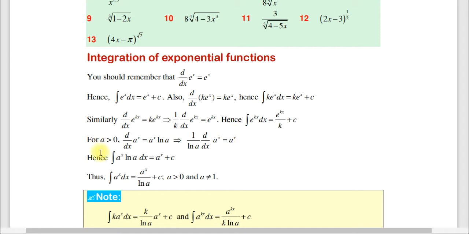Hence the integral of a to the power of x ln a dx is a to the power of x plus c. So the integral of a to the power of x dx is equal to a to the power of x over ln a plus c, but a must be greater than 0 and different from 1.